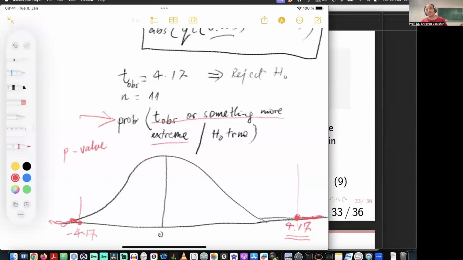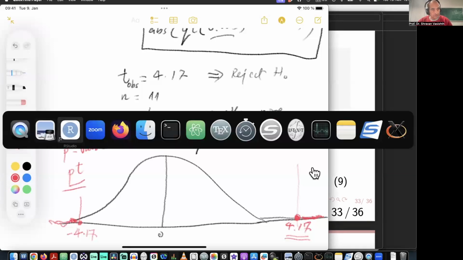If you know the degrees of freedom, you can use the PT function to figure out the probability of observing such an extreme value. So let me do that for you.